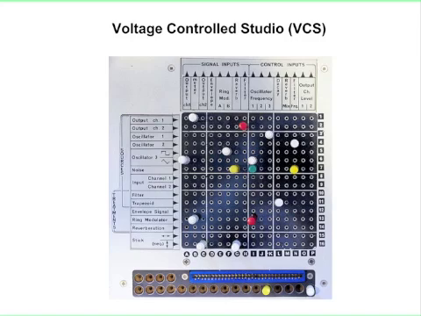And here's an example of the front panel of the VCS. You can see the choices of inputs on the top, outputs, oscillators, filters, all can be selected on this grid.